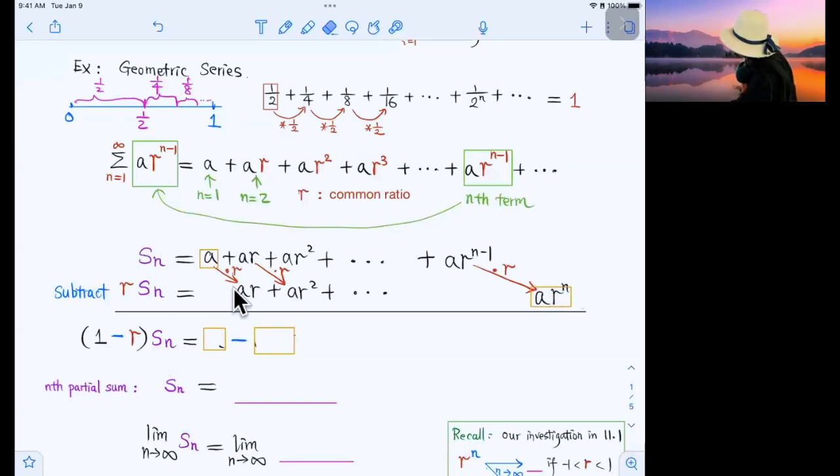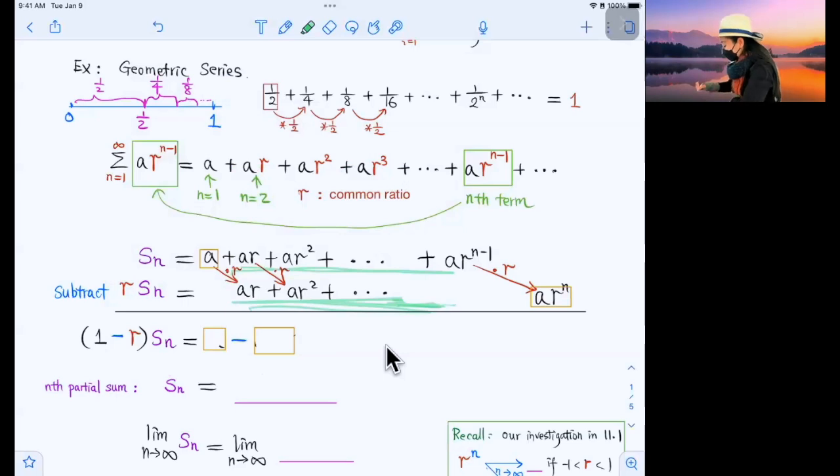Okay, you see this? Now, what I'm going to do here is I'm going to subtract them. So I'm going to take the top, subtract the bottom. When you subtract them, notice that I line them up in this way so then you can see what happens with the cancellation, right? So if I subtract them, what happens to the terms over here in the middle? Are they going to subtract out?